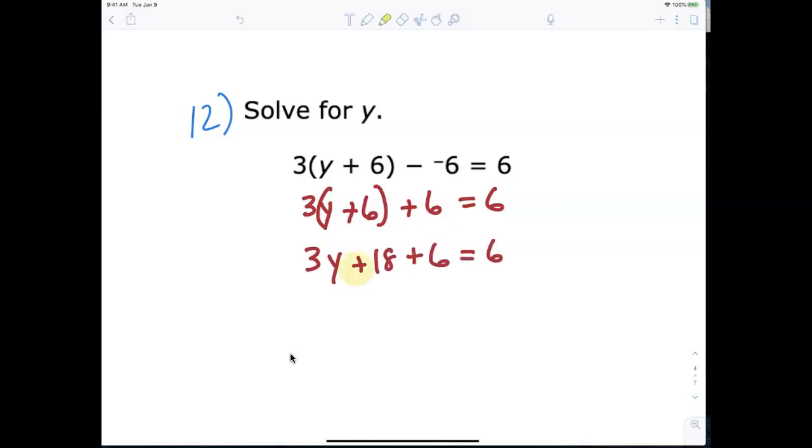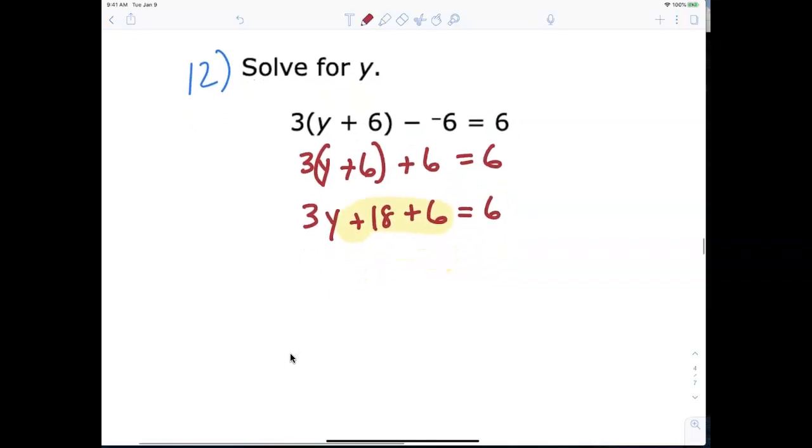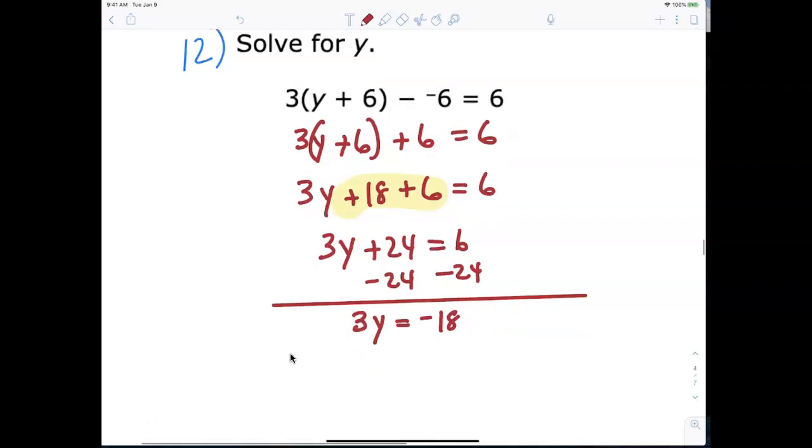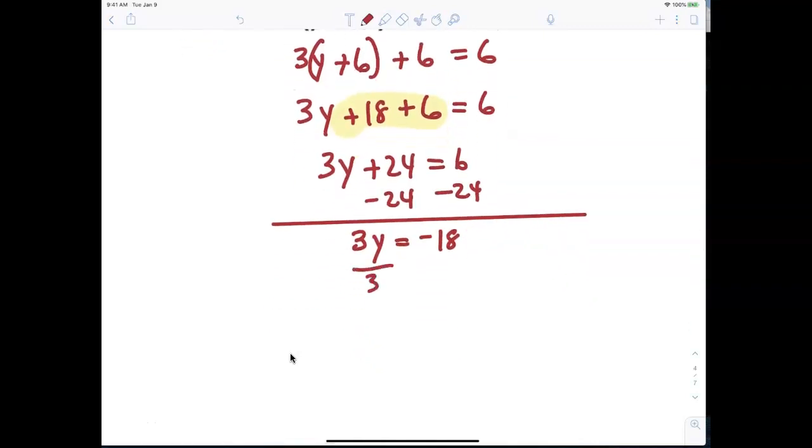Now again, we're going to combine these two right here. 18 plus 6 is 24. 3y plus 24 equals 6. Now we subtract 24, and I have 3y equals negative 18. Divide both sides by 3, so y equals negative 6.